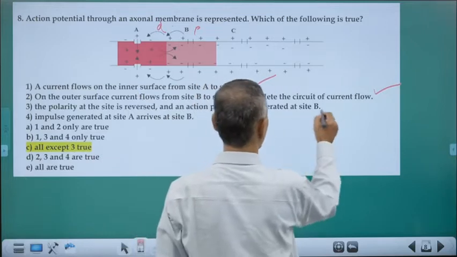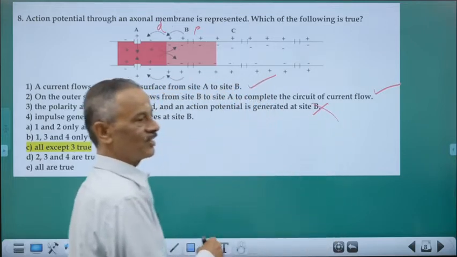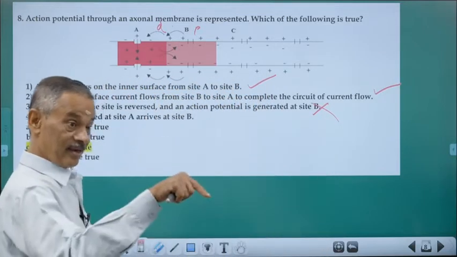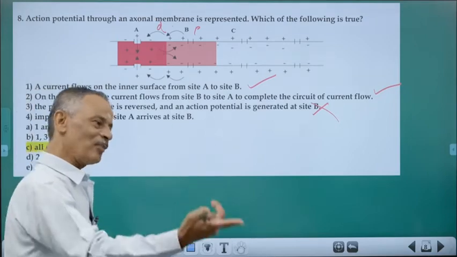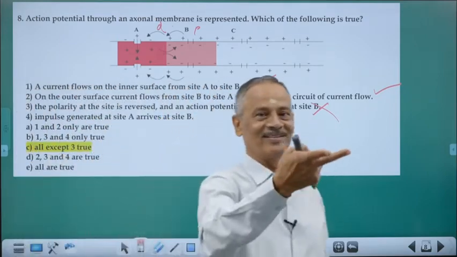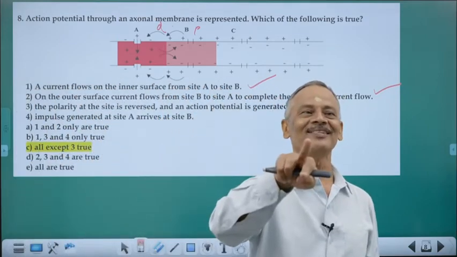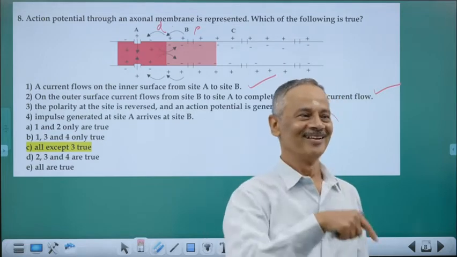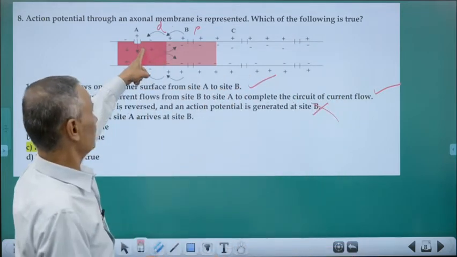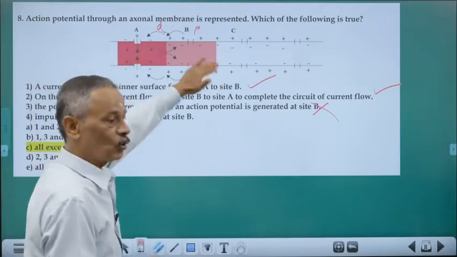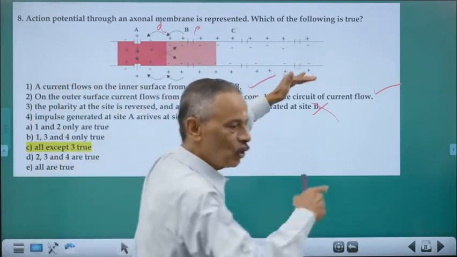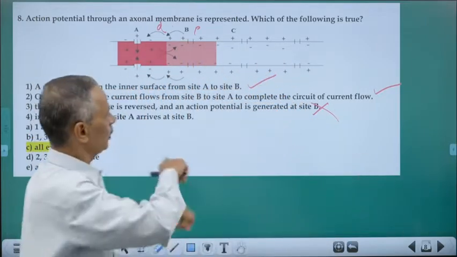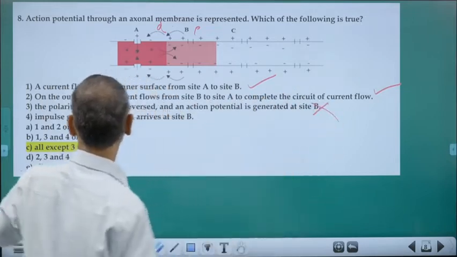Now, the action potential is generated in site A: depolarization followed by repolarization. It's a cyclical event, and that cyclical event is called action potential. So the action potential generated in A flows to the next one, and the next one. In the form of a wave, it passes along the membrane.